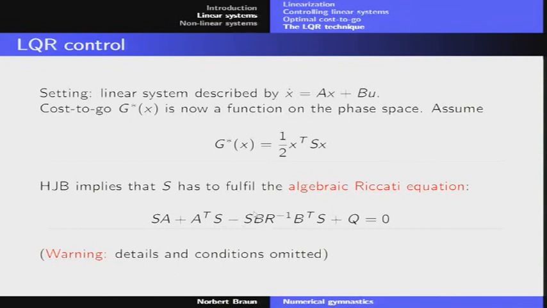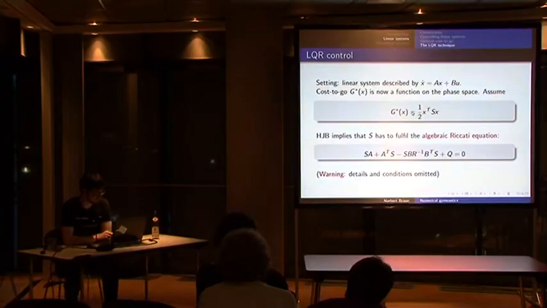So if you look at the coefficients of S, then this is really a quadratic equation in the unknowns. So it's a system of quadratic equations. And as such, it's not really surprising that we can solve this and get the matrix S relatively easily. But if we have the matrix S, then we have really solved the problem, because then we have the cost to go, and from the cost to go we can get our optimal action.